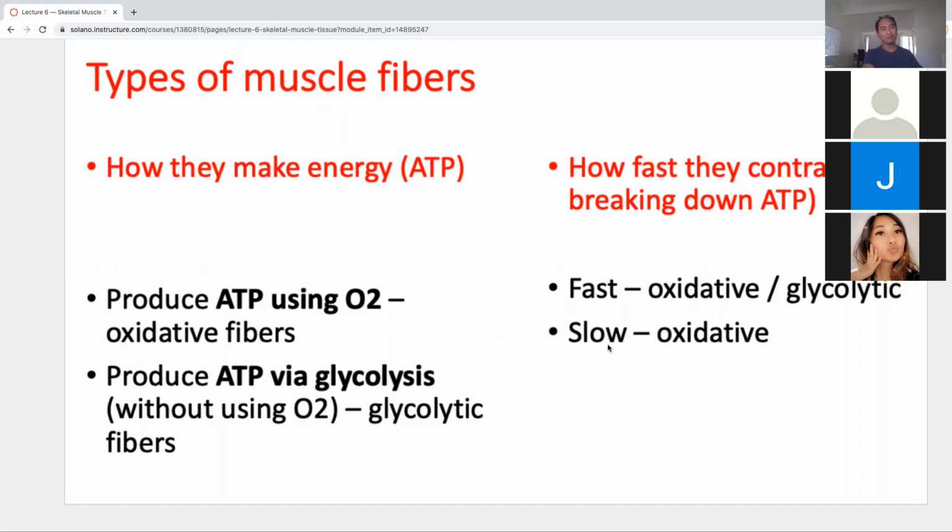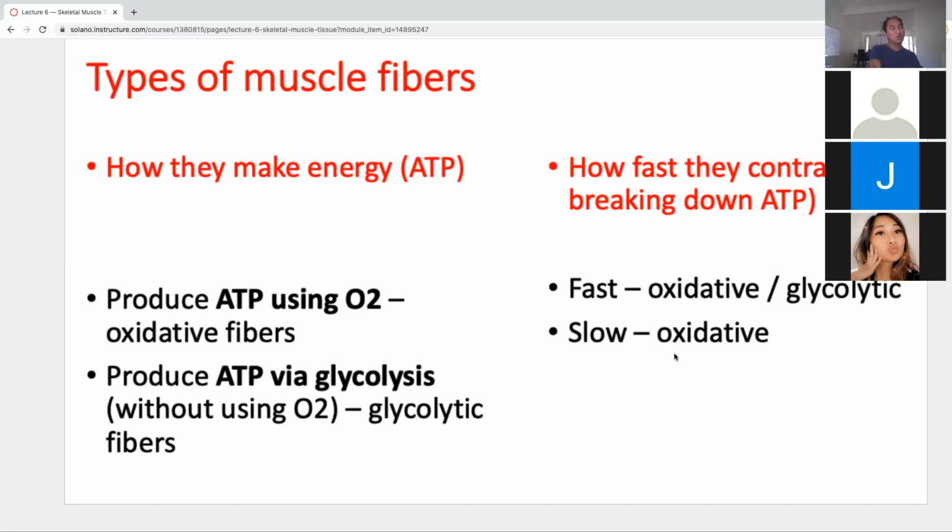Fast and slow fibers: slow contracting is the muscle we talk about in the back, trapezius and latissimus dorsi, because as long as we are upright, whether sitting or standing, these muscles in the back have to contract all day long. So these are the slow oxidative fibers.